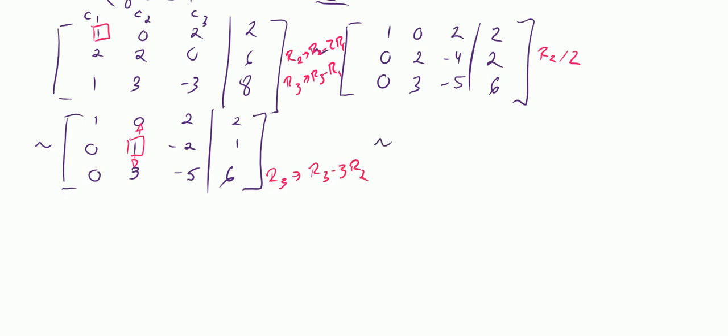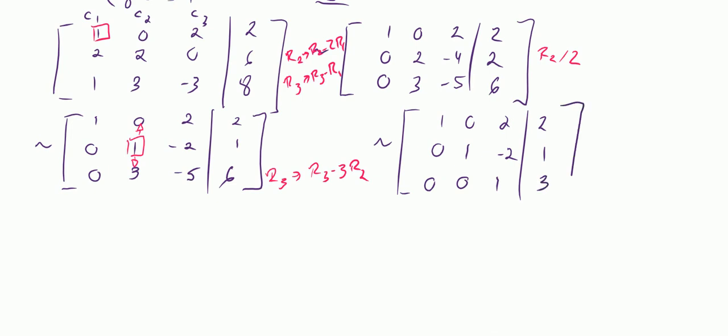And that'll give me, so this is the same, it doesn't change. Then this also stays the same, the second row. So I'll get 0, 3 minus 3, 0, minus 5, minus 3 times minus 2, 6, so minus 5 plus 6 is 1, and that's 6 minus 3 is 3.